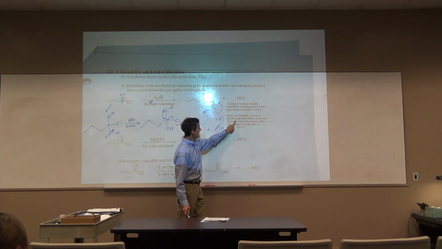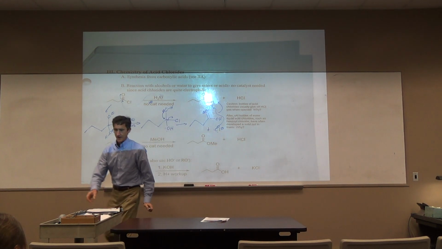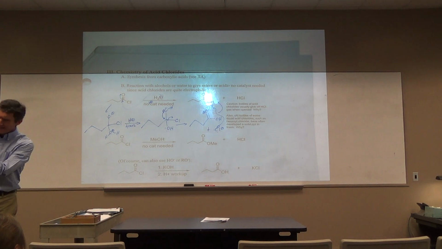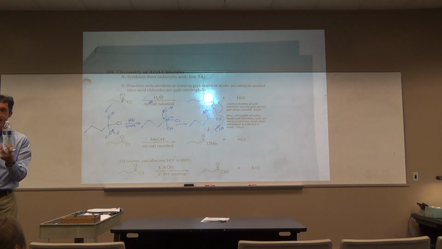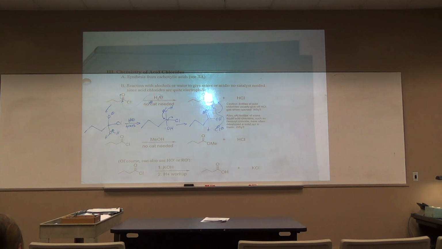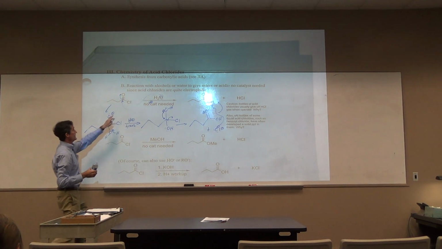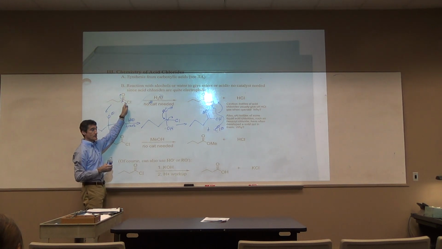Old bottles of some liquid acid chlorides, such as benzoyl chloride, often have a solid in them. Here's my liquid acid chloride. What's this solid at the bottom? It's not a salt. No. This is a liquid.